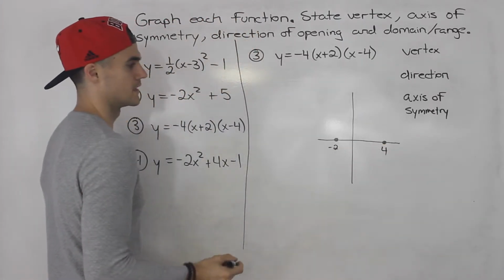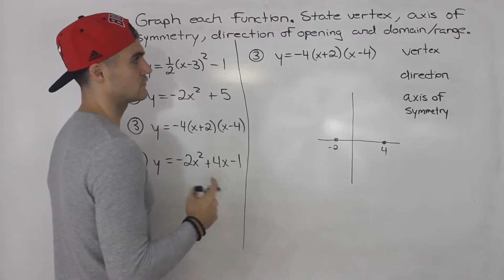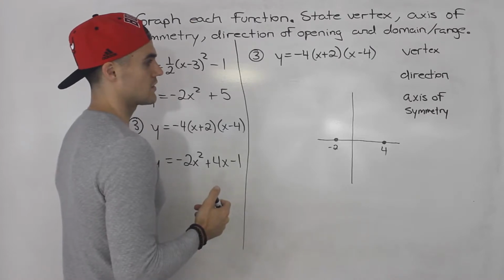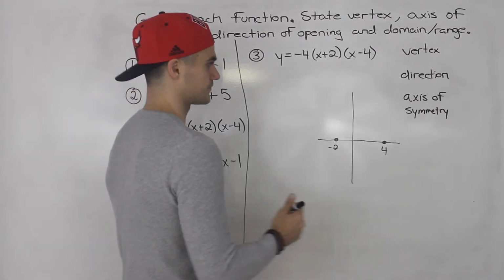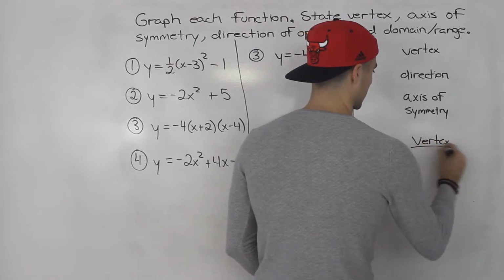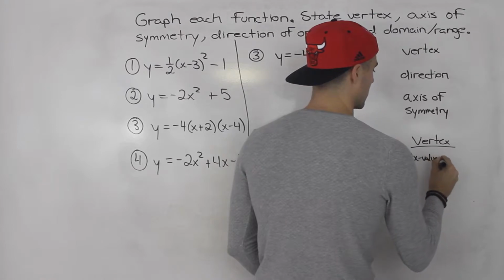Like that. So in this case, finding the vertex is a little bit different. So the way you want to do it, let's do a bottom note here. First, we're going to find the x value of the vertex.